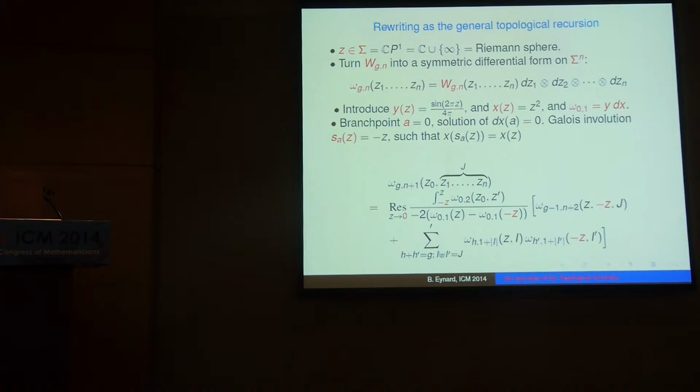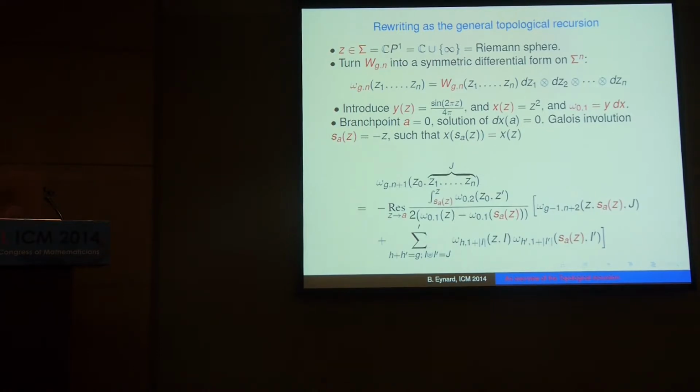And the minus z is such that x of minus z equals x of z, because x is even here. In general, the minus z will be replaced by what's called the local Galois involution, which exchanges the values of z which correspond to the same x. So let's write the recursion that way. So this is Mirzakhani's recursion, which I have just rewritten in this way.